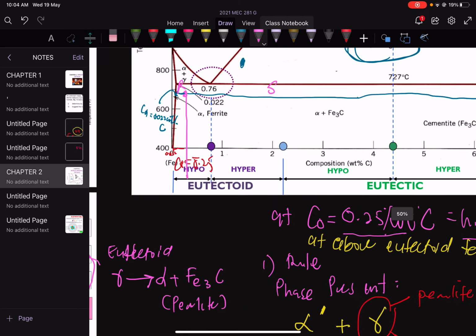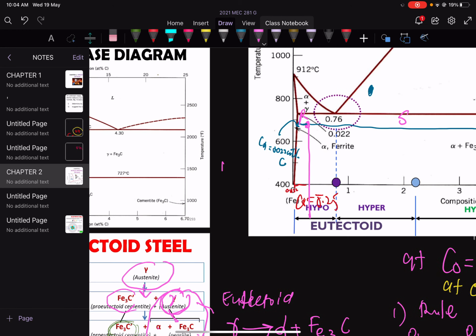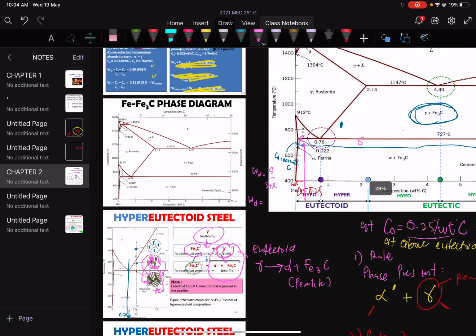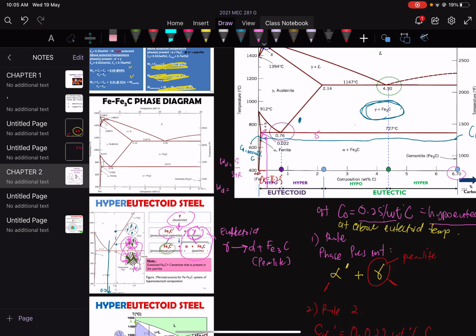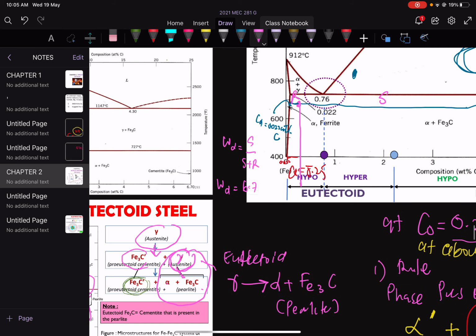So if we were to find the weight fraction of ferrite, okay, we have to take S over S plus R. So what is our S? S is 6.7 minus 0.25 over 6.7 minus 0.25 plus, how about our R?